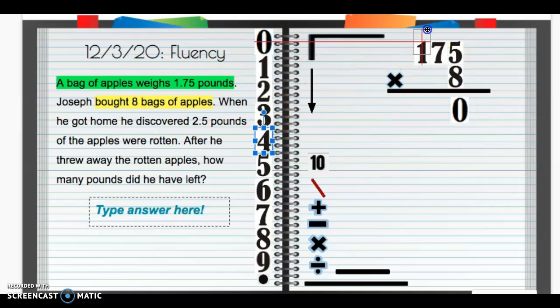Bring up the 4. 8 times 7 is 56. 56 plus 4 is 60. Eight times 1 is 8. 8 plus 6 is 14.